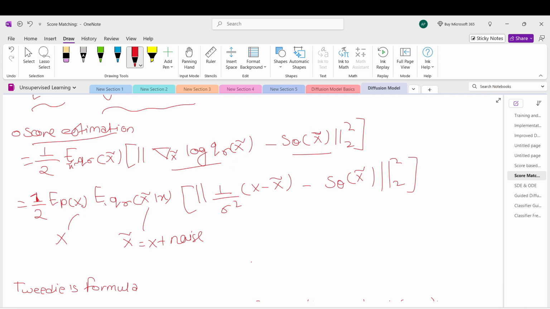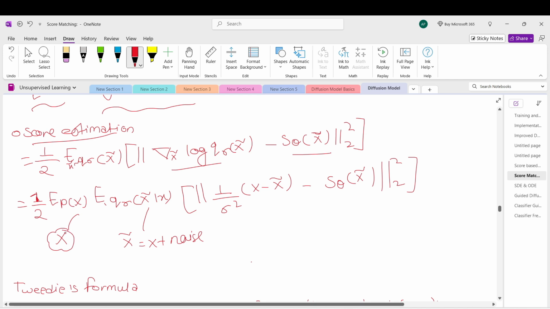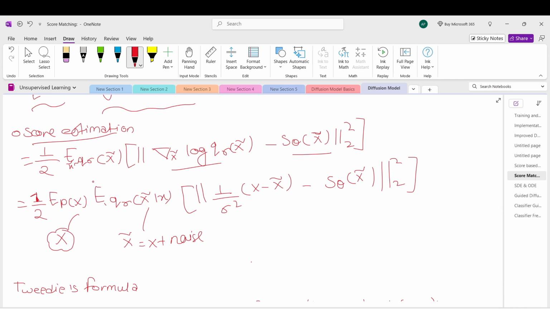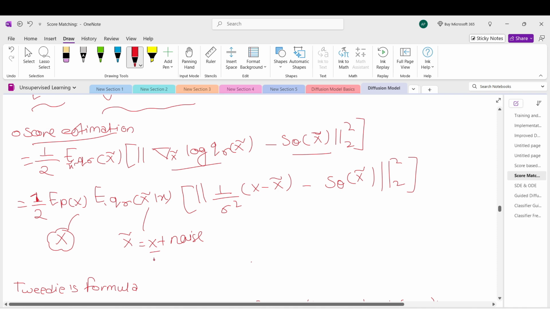Here, what we are doing is sampling from p of x, which is our real image. And we are adding noise using this. We are also introducing another expectation, which gives us this x tilde. We take the real-looking image, add some noise, and obtain x tilde.